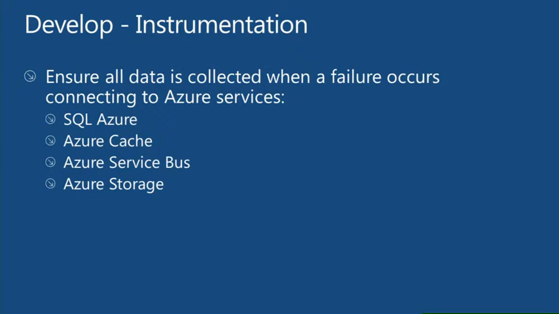Going into talking about the resilient connection points, it's much more important now in the Windows Azure world that developers instrument around consuming these platform services. So issues can arise with connecting to SQL Azure. We'll talk about that a little bit. Connecting to cache, service bus, etc. It's up to the developer, of course, to write that out somewhere, to an event log, to .NET Trace, somewhere you can consume.